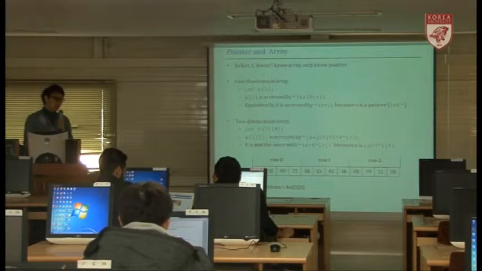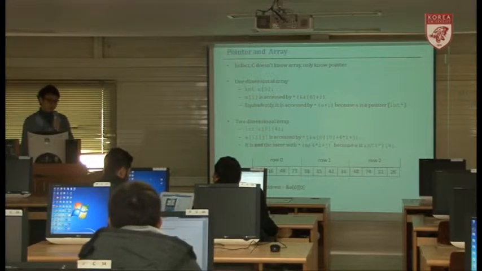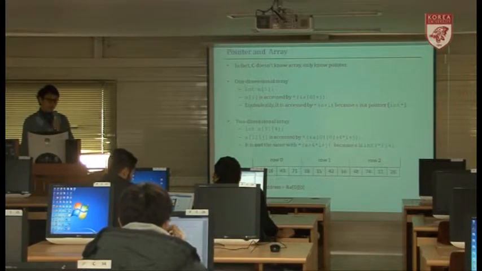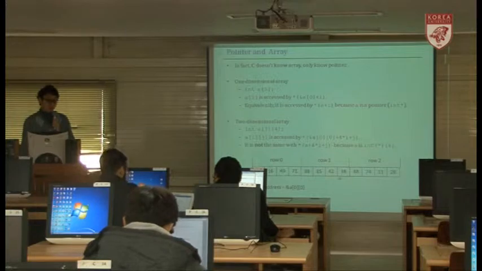However, the computer actually understands this value using the pointer operation: from the starting point of the array, it accesses by 4 times i plus j, and then we pick somewhere here, right?